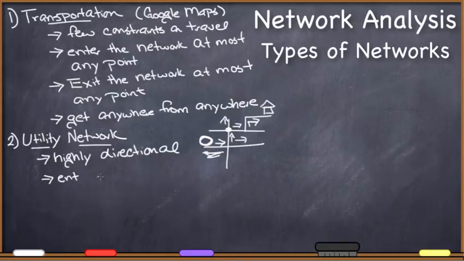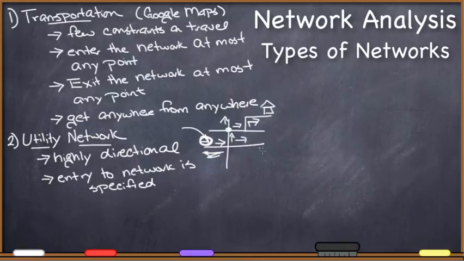Entry to the network is specified. There are only certain locations where you can enter this network. If you're talking about water here again, the only place that you can enter the network is here at the water treatment plant, or maybe, if there are a couple of them, you could enter there as well.